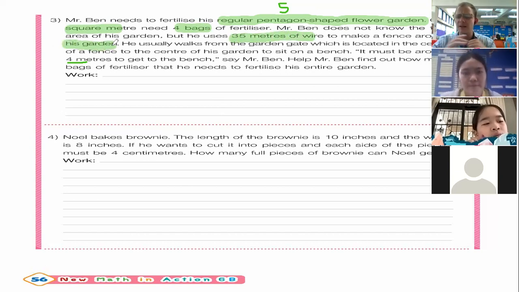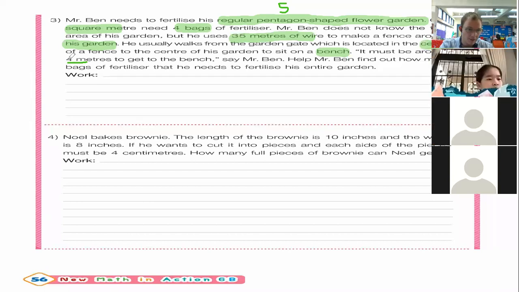What does that mean? 35 meters around the garden. It means it is the perimeter. The perimeter is 35 meters. Okay. And then he says that the bench that he sits on is in the center of the garden. And that's about 4 meters.